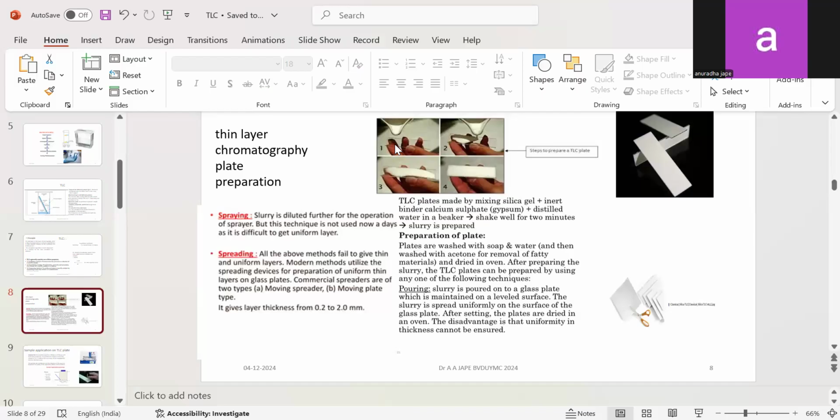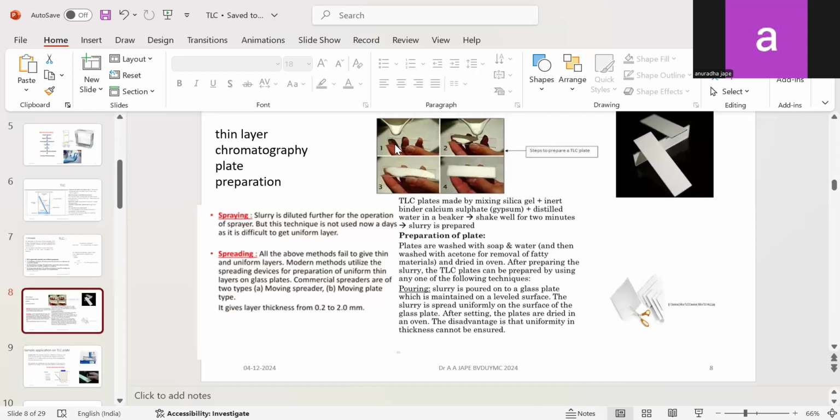It can also be done by spraying. So the slurry is diluted, and with the help of sprayers, we are going to develop a uniform thin layer. So either by spraying or spreading, we are going to have a thin uniform layer.